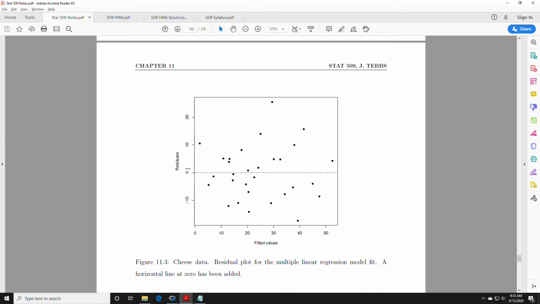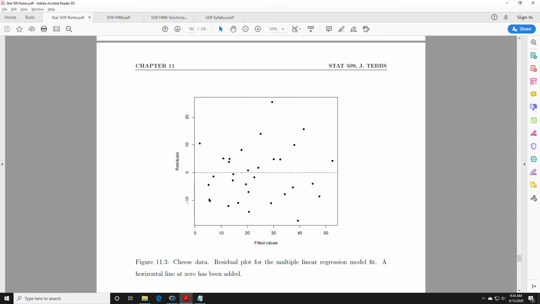So we would like these residuals to be randomly scattered about 0, basically half below and half above, but also in a random way. For example, if all of these were low and all of these were above the line, that would be a bad thing.